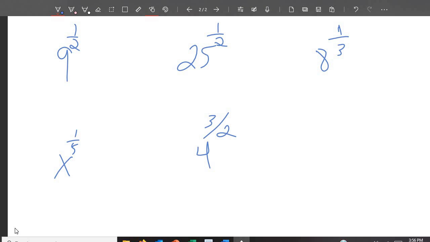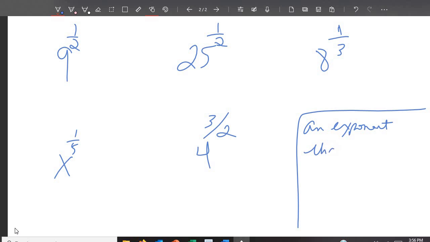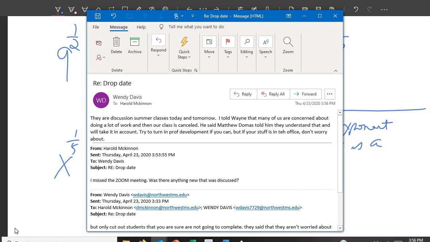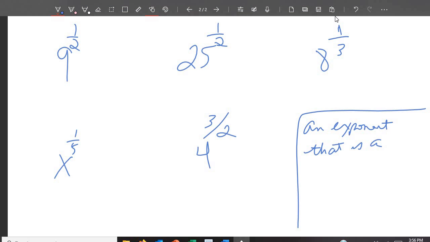All right. Now, rational exponents. An exponent that is a fraction means you have a root.